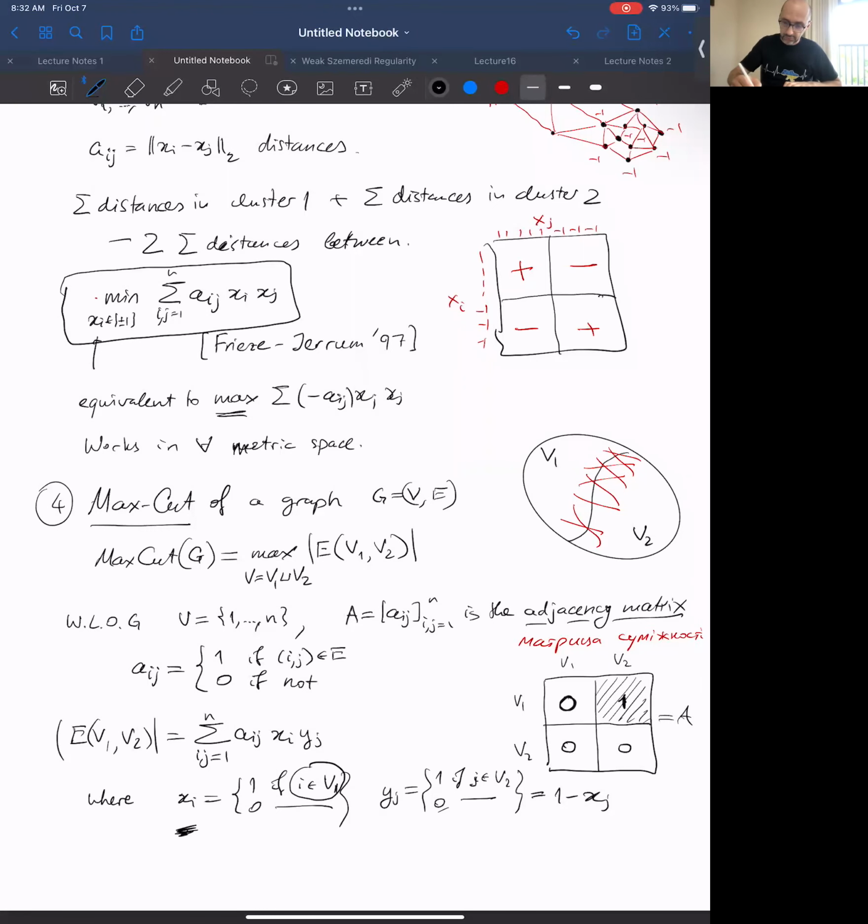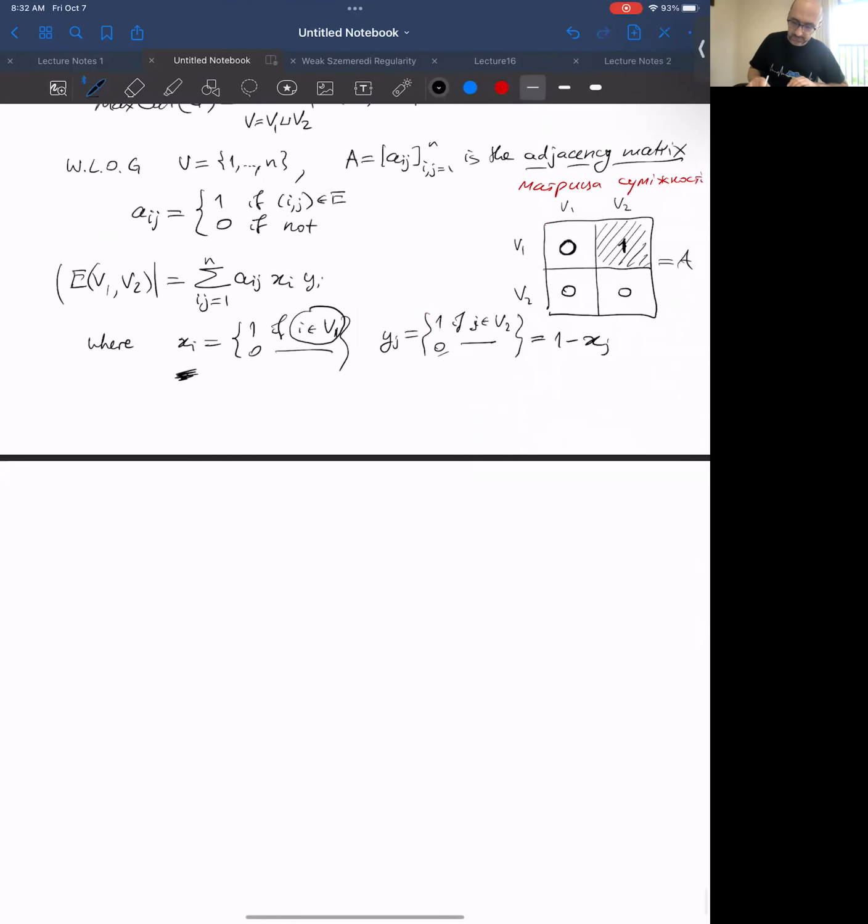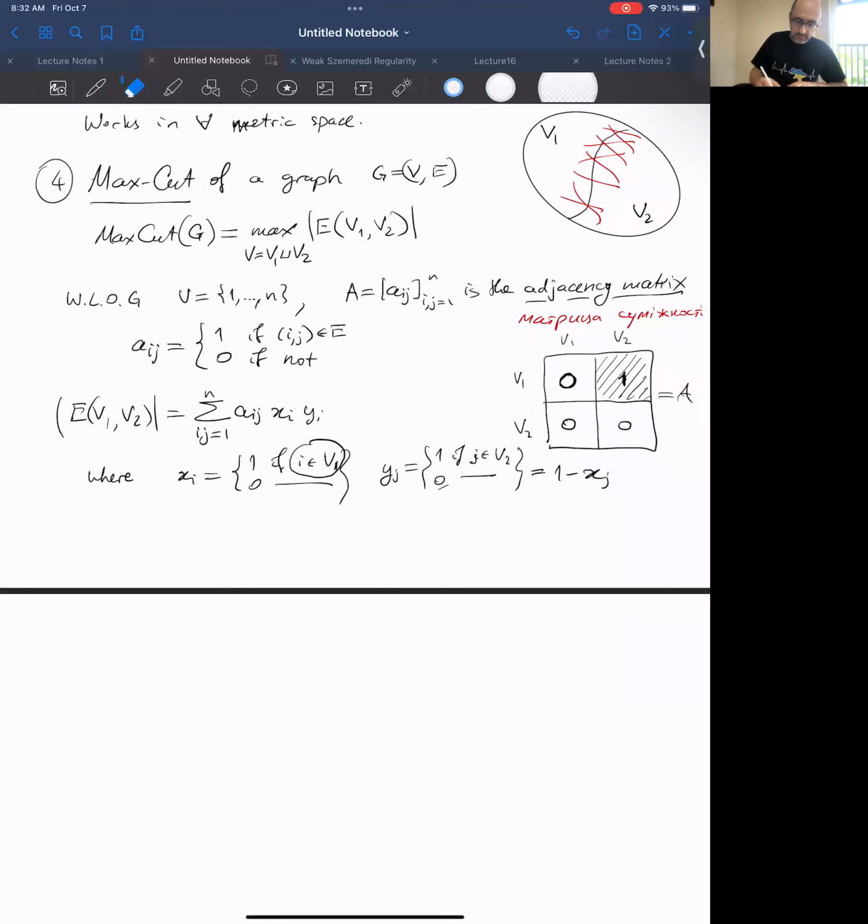Let's just rewrite this here. So the max cut of the graph, the maximum cut, asks us to maximize the quadratic form, sum over i, j from 1 to n, of Aij xi (1 minus xj), still a quadratic form.